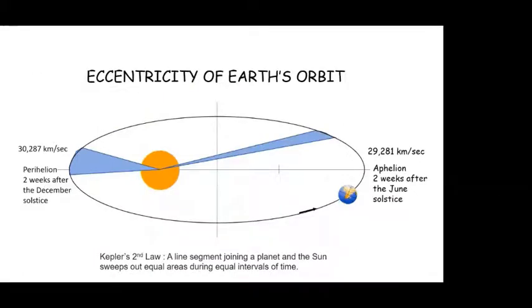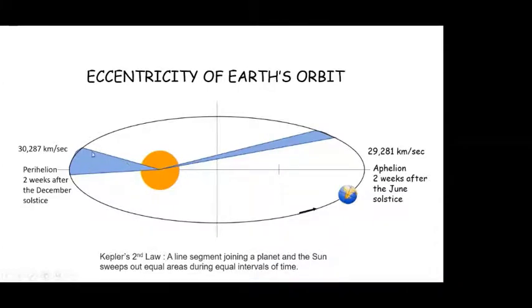The other problem we have to face is the eccentricity of the Earth's orbit. The Earth in December is closer to the sun than it is in June. Kepler's second law of planetary motion says a line segment joining a planet and the sun sweeps out equal areas during equal times.